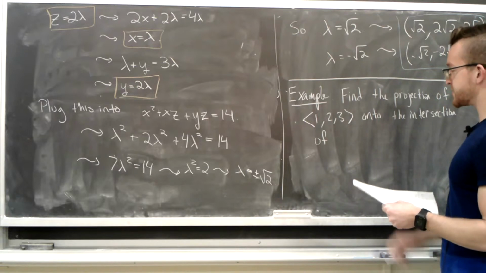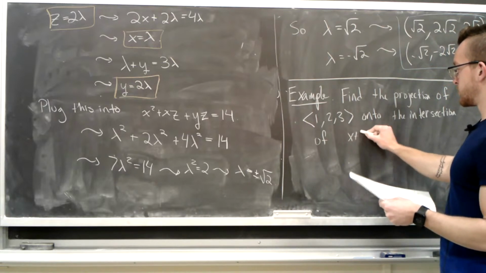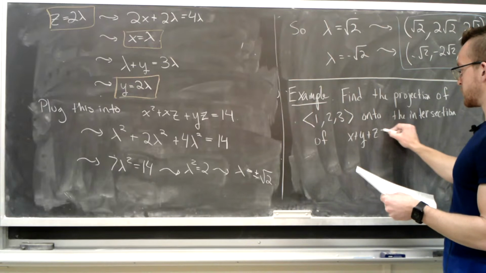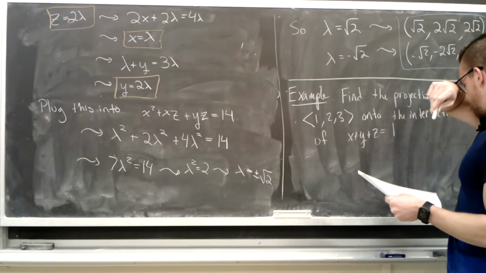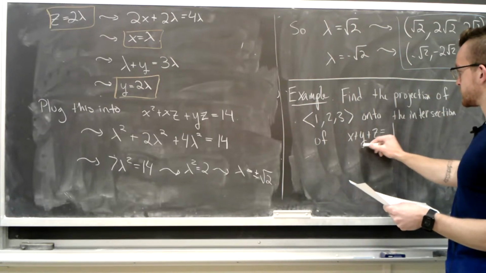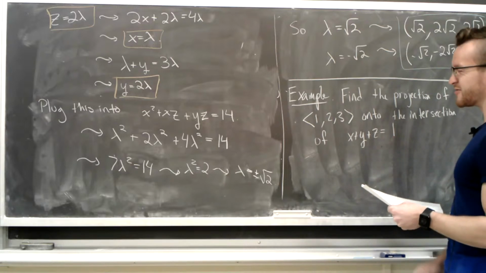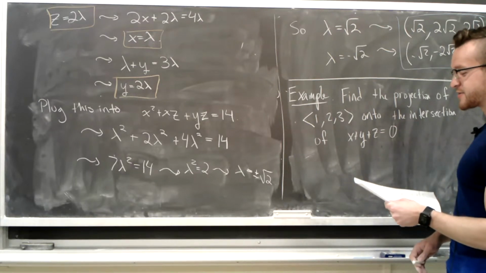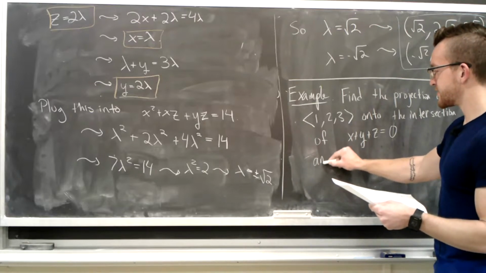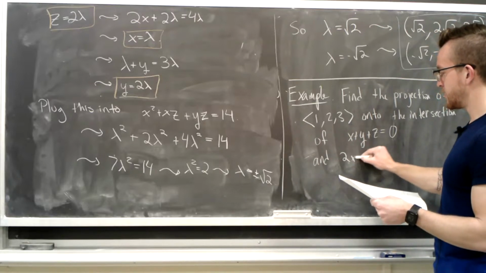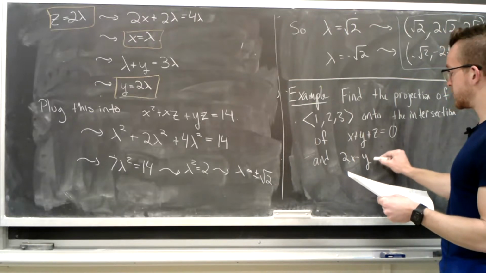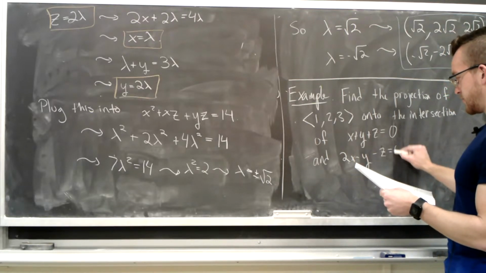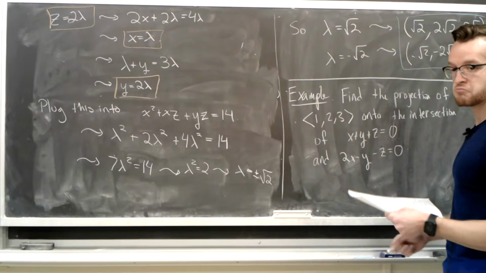x plus y plus z equals 1. Oh, hold on. I'll just make the null 0. x plus y plus z equals 0, and 2x minus y minus z equals 0.